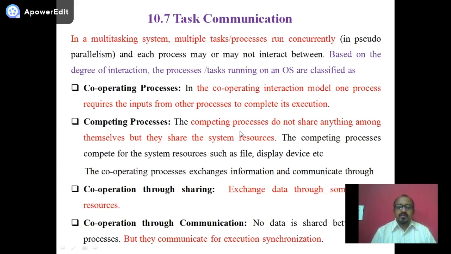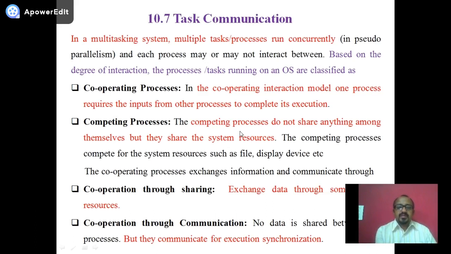For that we have to exchange data between them, so both tasks have to communicate. As these two tasks run at different times, not at the same time on the CPU, how do they communicate? There are different modes, different ways of communication, which I will cover in the next slide.